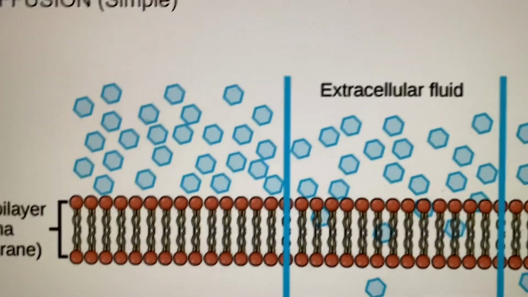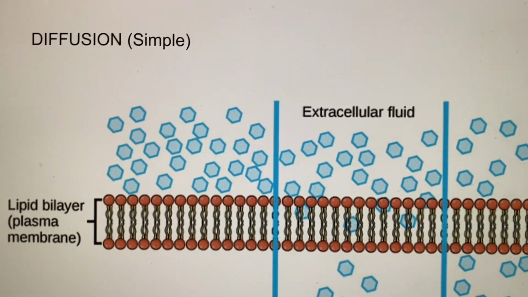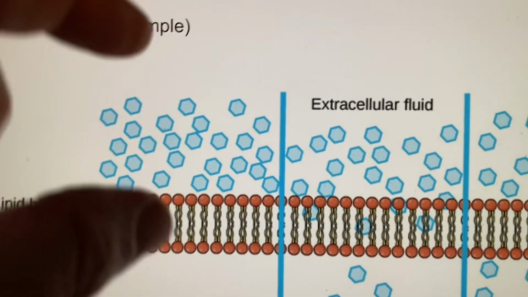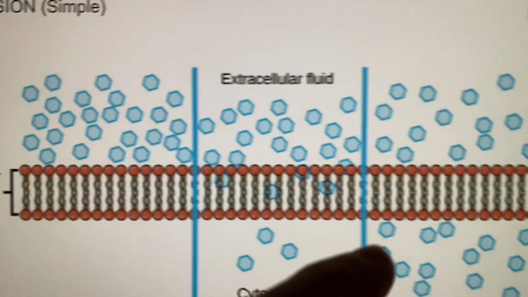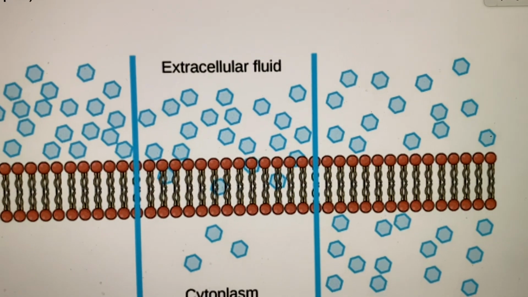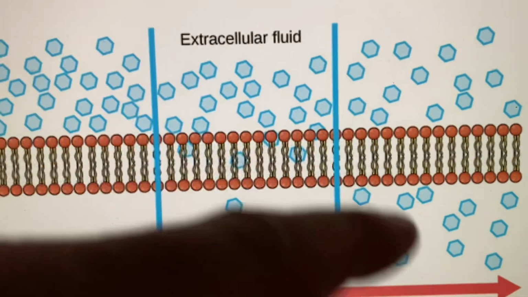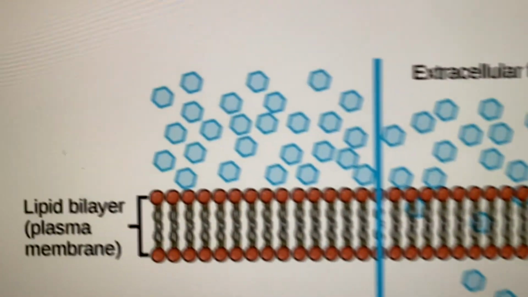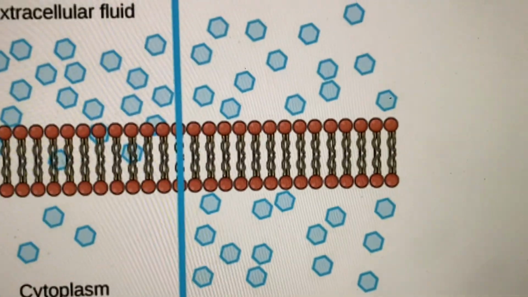So if there's 100 oxygen molecules on one side, they will move through until there's 50 on each side, and then they'll stop moving. They don't actually stop moving. They keep moving back and forth, but they'll keep the same balance. We go from a high concentration to a low concentration until there's an equal concentration.